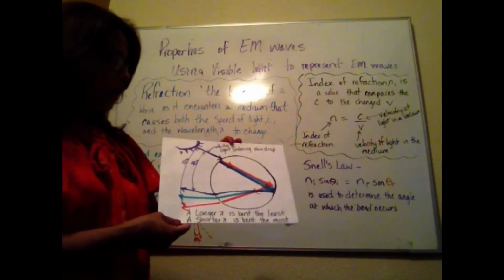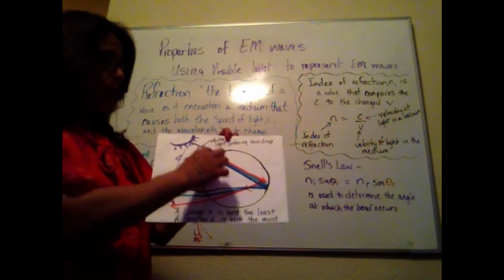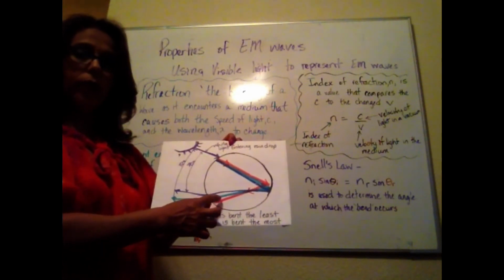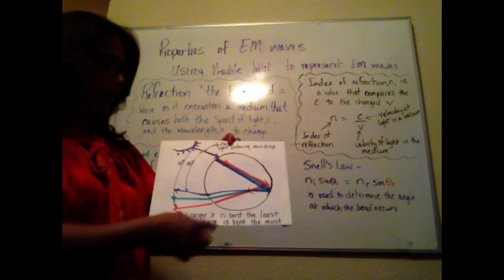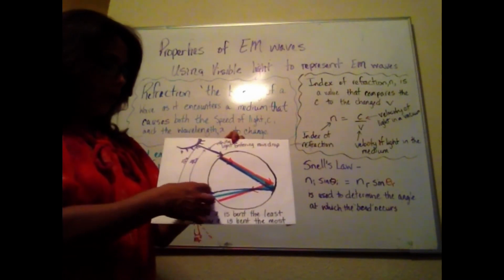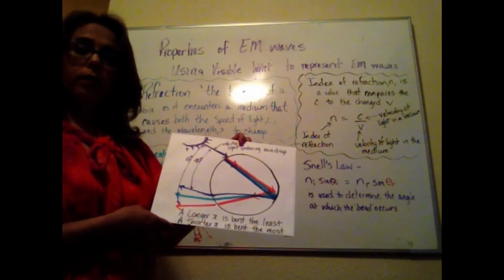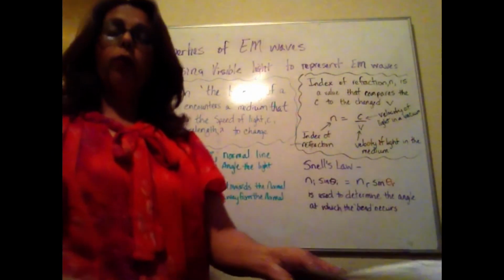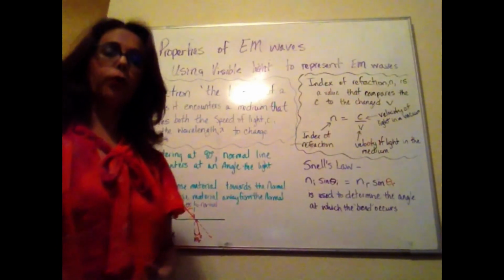And so as white light goes through, we have a little bit of change in our wavelength. It makes it a little bit longer or shorter, and it causes the separation as it goes out.